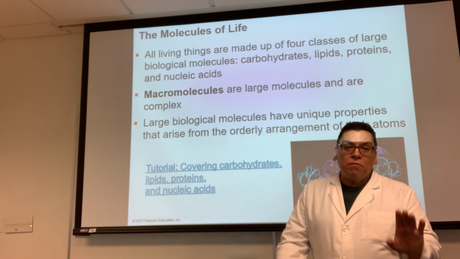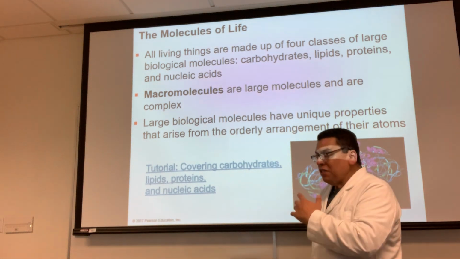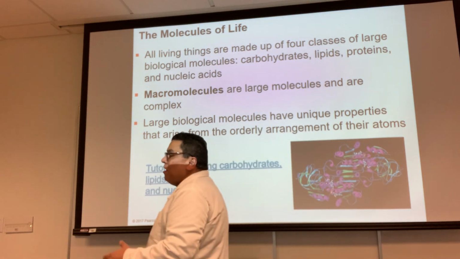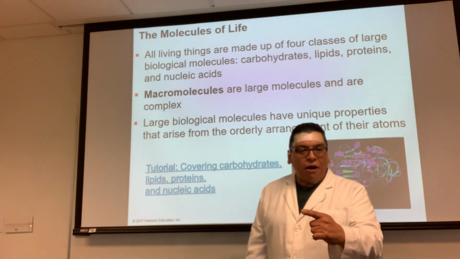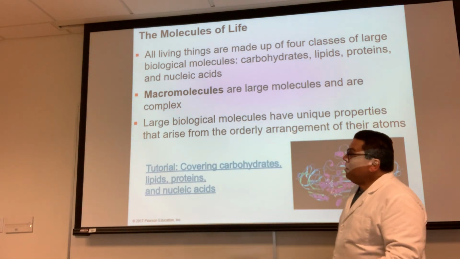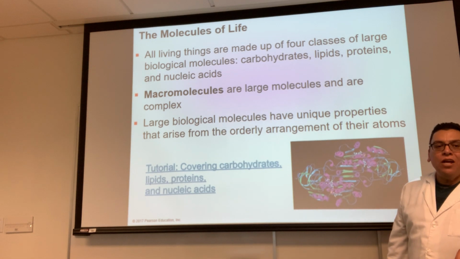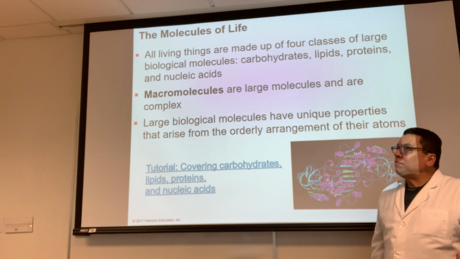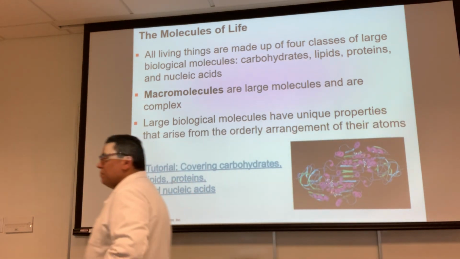But no monomers for lipids. So they're coming, as you'll see. Again, monomer of carbohydrate is monosaccharide, single sugar. The monomer of DNA or RNA is called a nucleotide. The monomer of proteins are the amino acids.